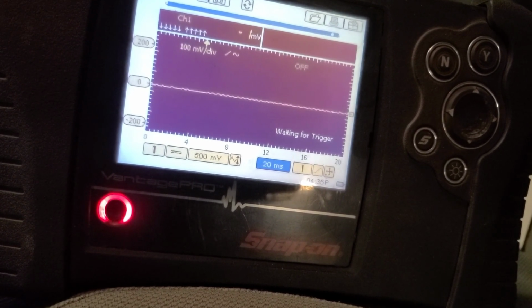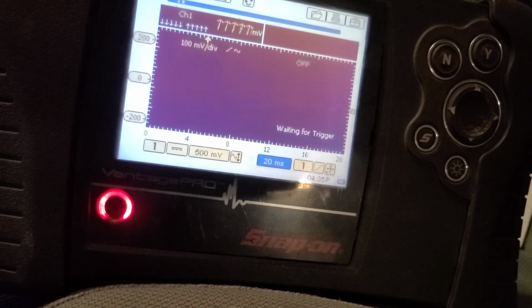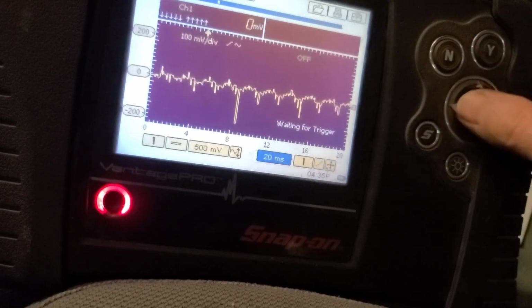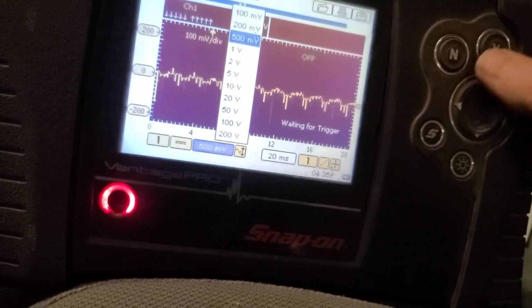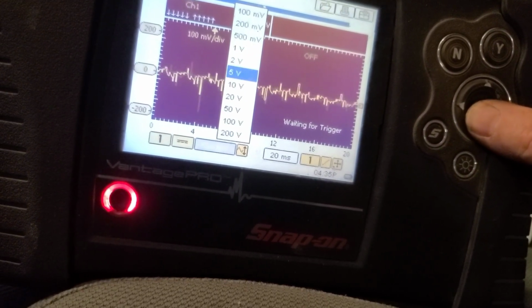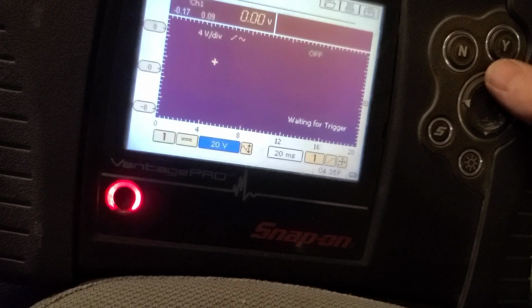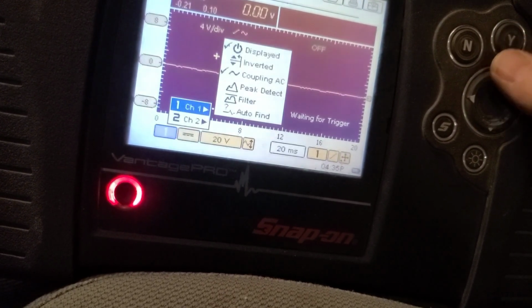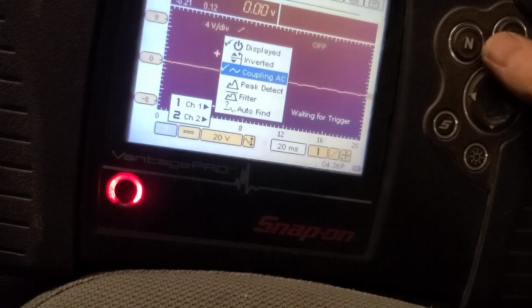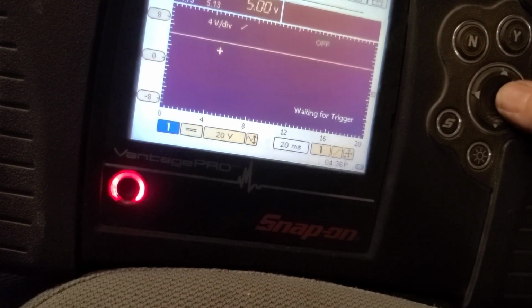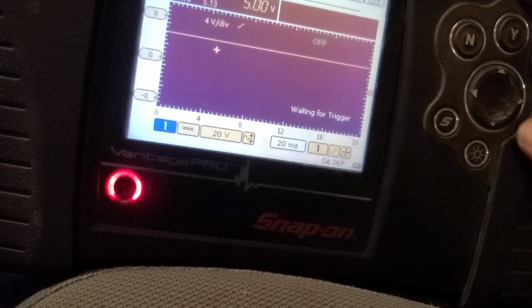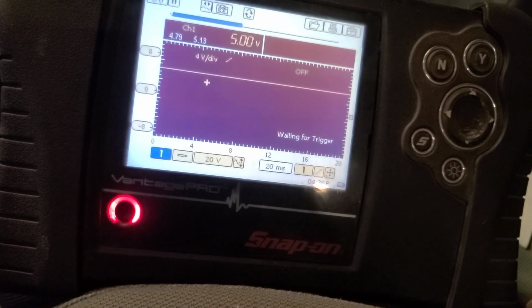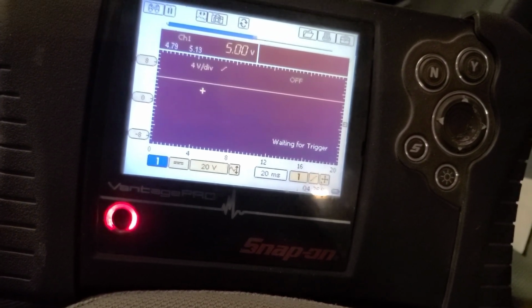It's 0 now. It looks pretty clean there, but there's obviously some electrical interference in that sensor signal wire.